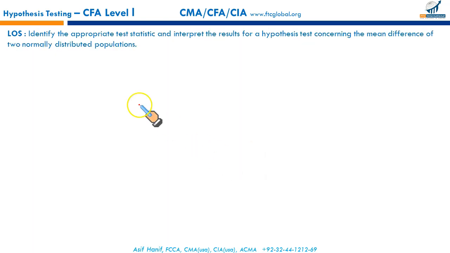Next LOS: identify the appropriate test statistic and interpret the results for a hypothesis test concerning the mean difference of two normally distributed populations.